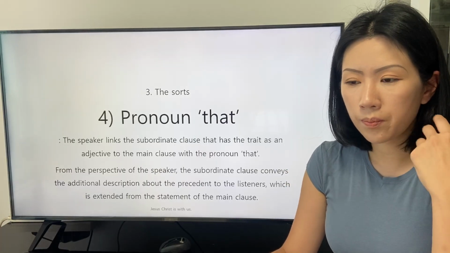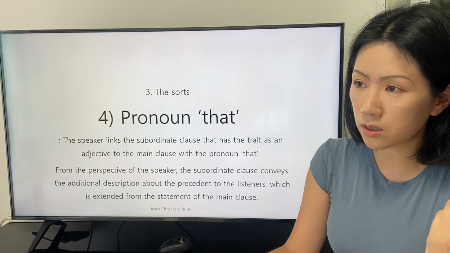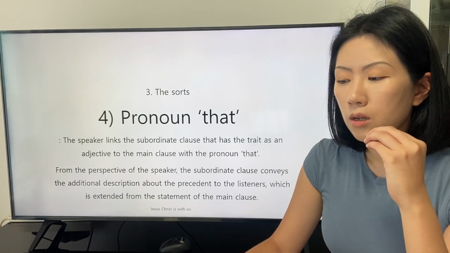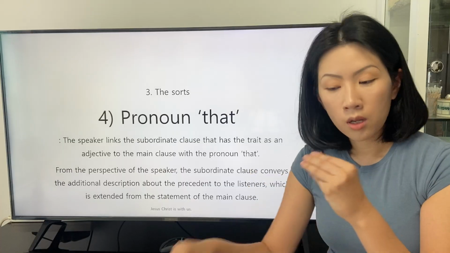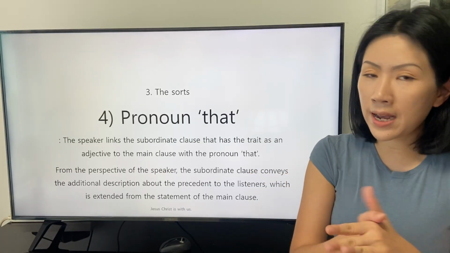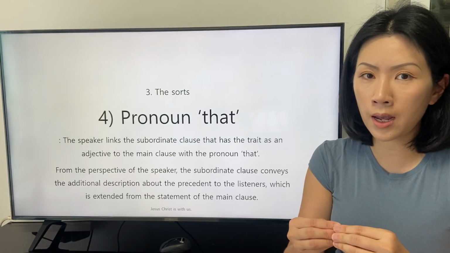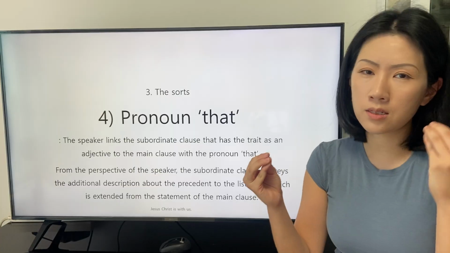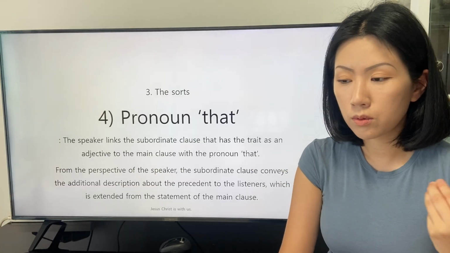The speaker indicates a sort of the subject or object by the pronoun who or which. We also studied the defining way or the non-defining way to use the pronoun which or who as the related pronoun.